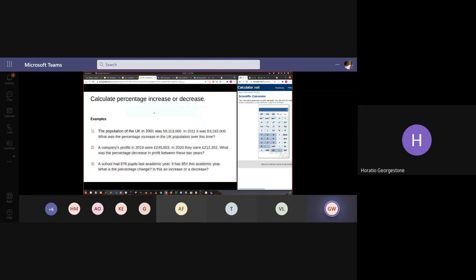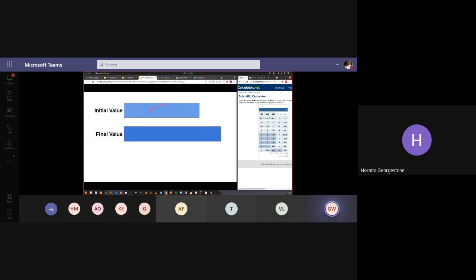So we've got the initial value, and let's say we're doing an increase. Okay, so the final value is more than the initial value. How much more? This much more. This is the amount of increase. Okay, so we want to find out what is the increase as a percentage of the initial amount.